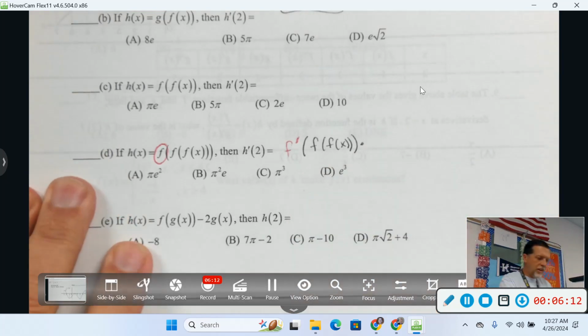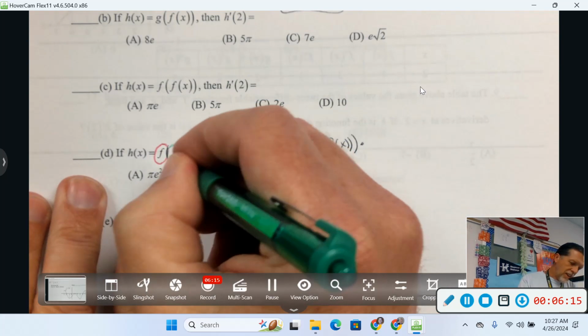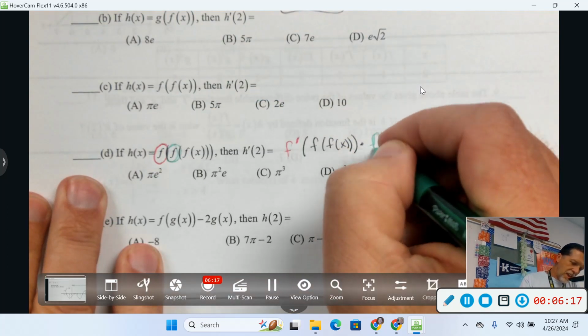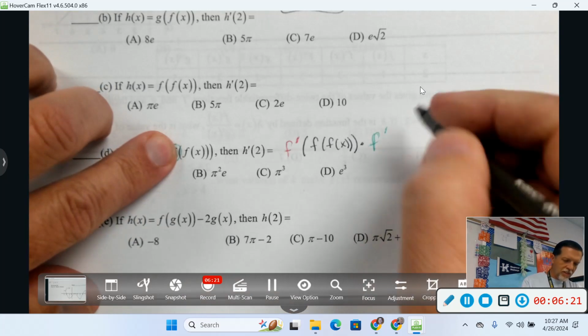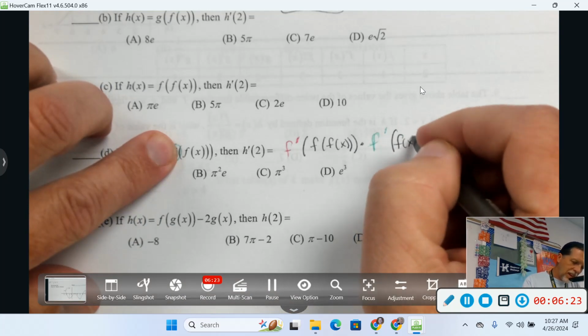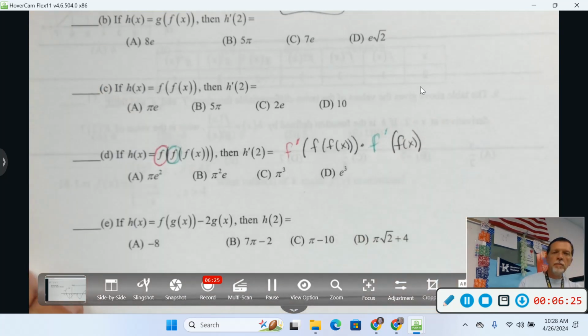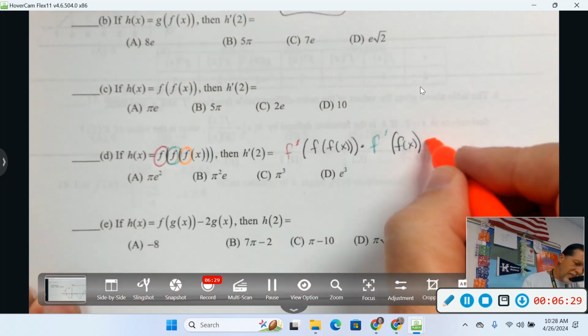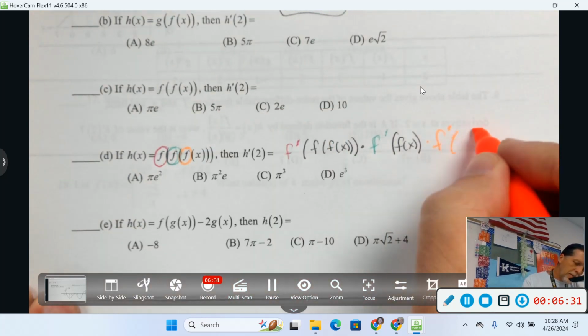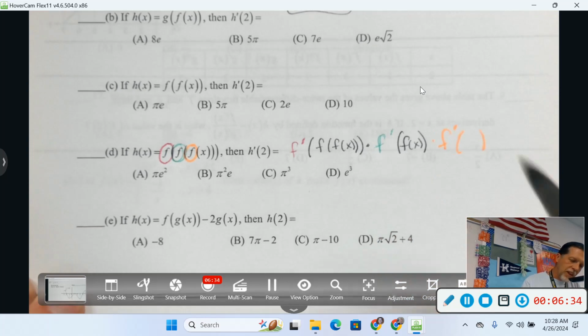Then I move to the next f prime. Now the inside of the green is just f of x. And then lastly, the last f prime, and the inside of that one is just x.